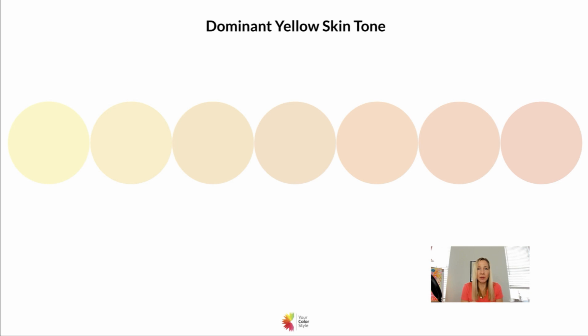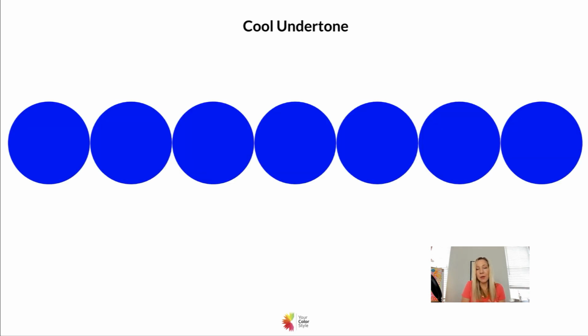Okay, so if you're lighter skinned, your skin might look like that. And then we have undertones. If you have warm undertones, imagine a yellow kind of current below your skin. And if you have cool undertones, imagine a blue current underneath your skin.